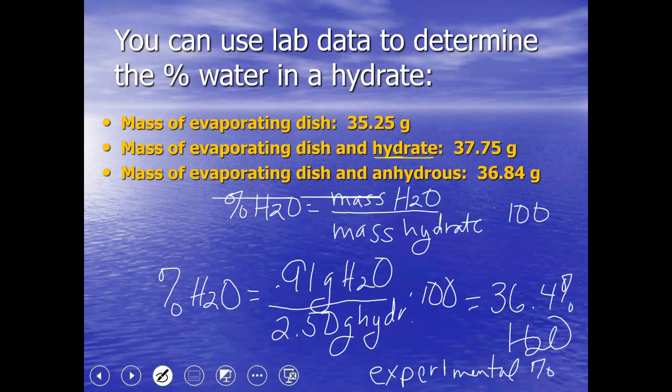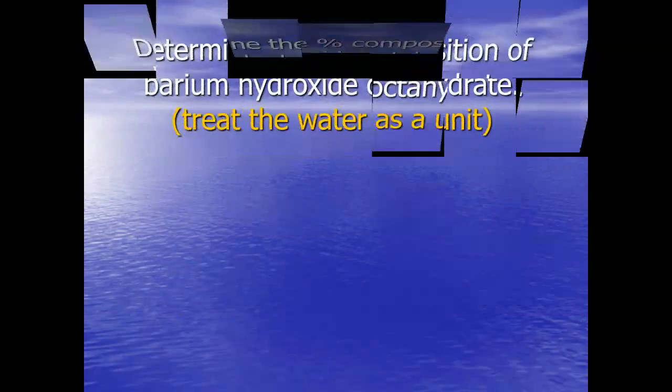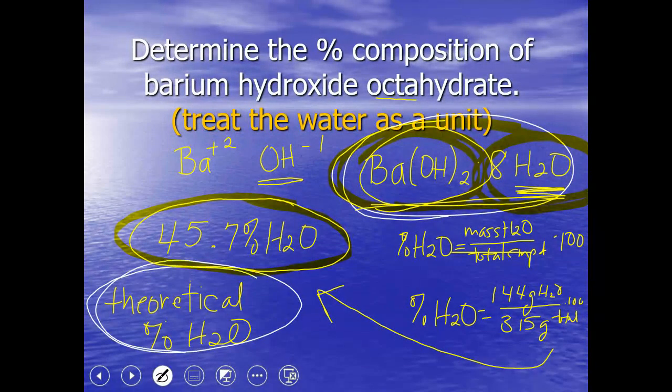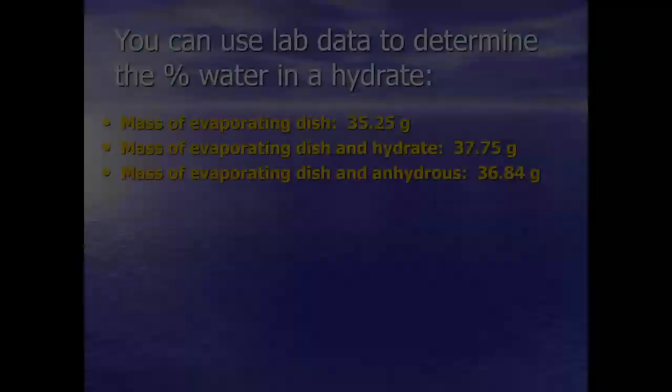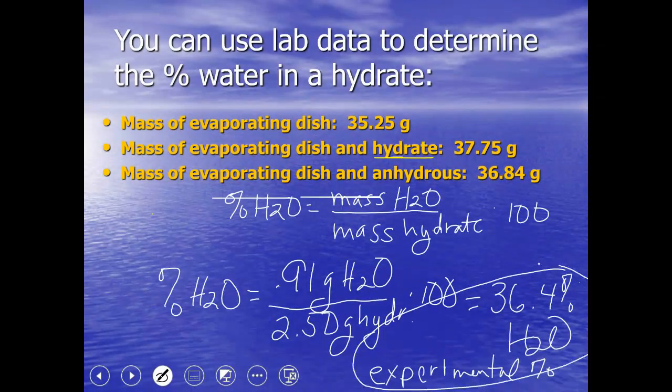I would have to try a couple of different formulas that my hydrate might be, based on other descriptors. And in lab, I'm going to give you a list and say, hey, your hydrate's one of these. And what you can do is calculate the theoretical percent of water in each one of the formulas, and then see which one matches the experimental percent of water. And then you figure that is the identity of your hydrate.